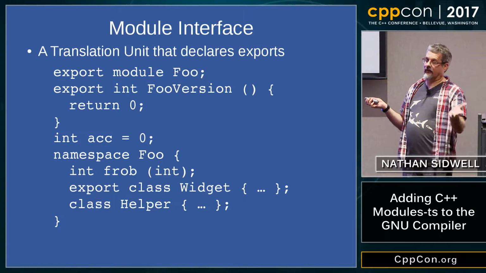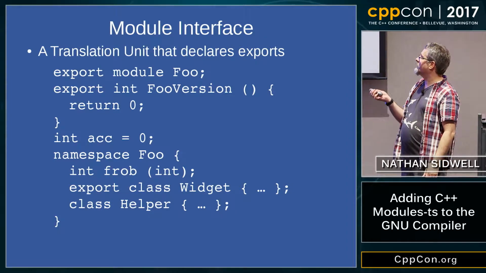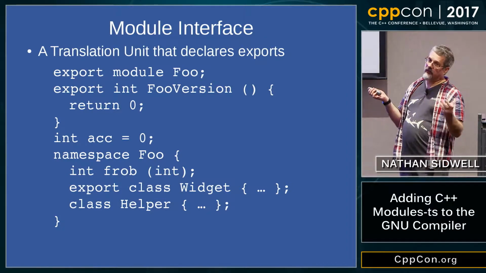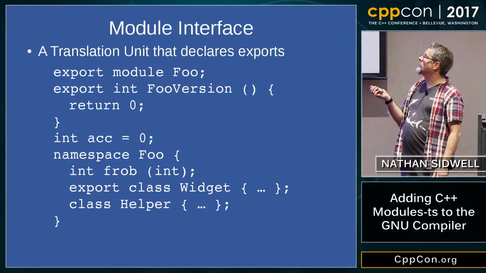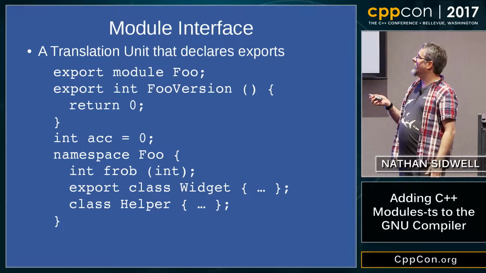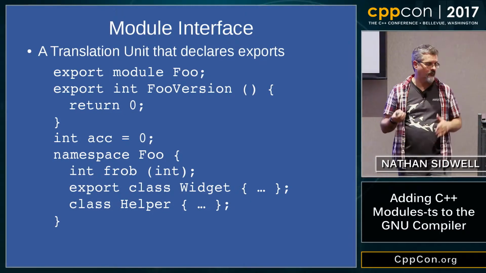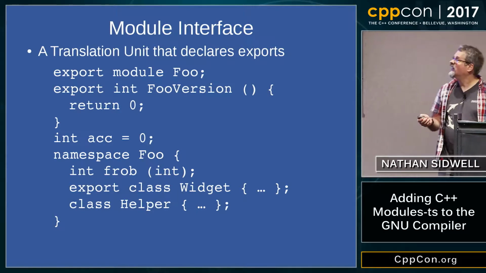And some internal helper class, which is again not visible elsewhere. And I wrapped it all up in a namespace. Other modules may use the same namespace as foo. That won't be a problem unless they end up doing things that collide in ways that I'll get onto.